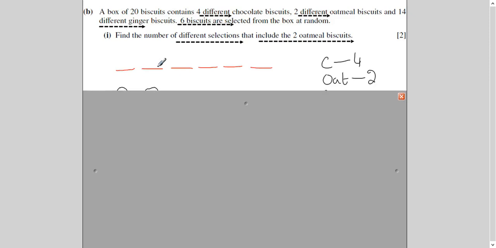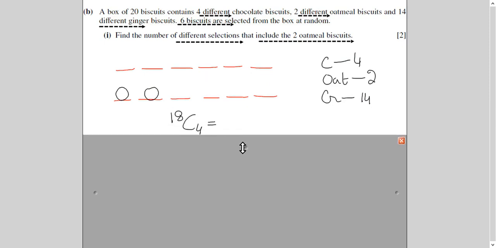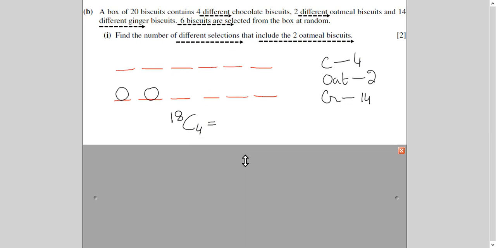So 1, 2, 3, 4, 5, 6. Out of these 6 selections, 2 are gone by oatmeal. Now what is remaining? 4 chocolate and 14 ginger, and how many do you need? 4. So what will you write? 14 plus 4 is 18. 18C4. Right? That is the number of different selections you can make.